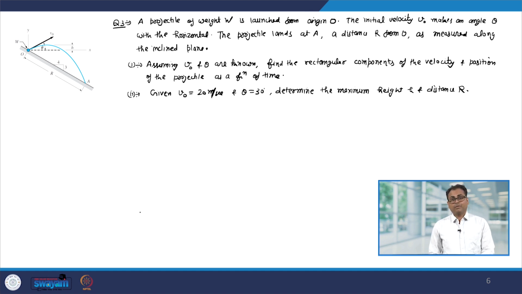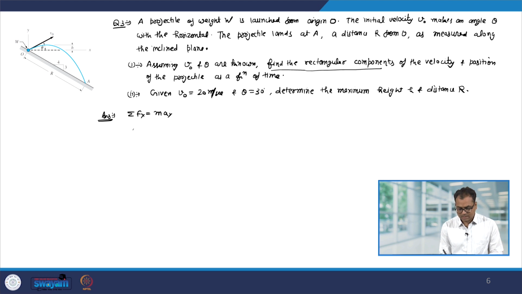In this question, we have to use the rectangular or Cartesian coordinate, because in the problem statement itself we have been asked to find out the rectangular component of the velocity. So, let us use the Newton's law in the Cartesian coordinate. So, we have summation fx equal to m ax and summation fy equal to m ay.